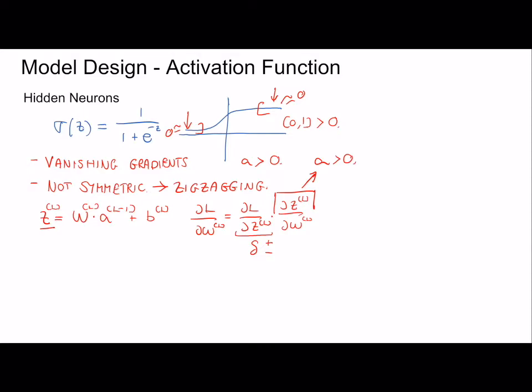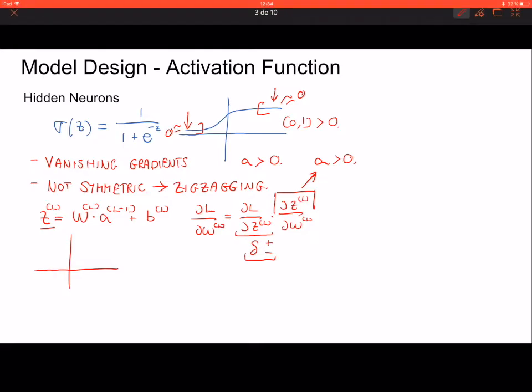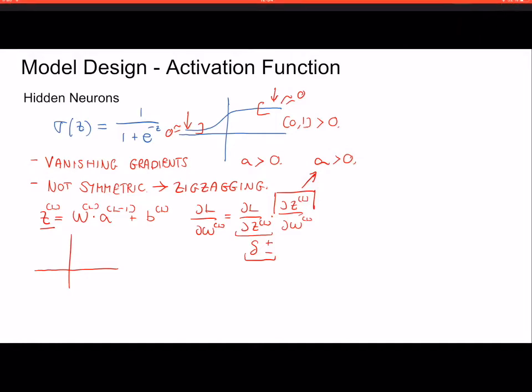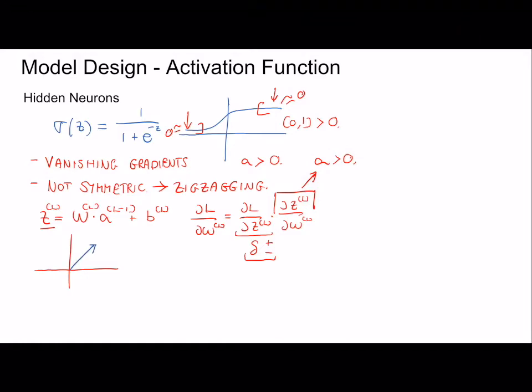What that means is that, depending on whether this value is positive or negative, which is the same for all the gradients of my weights, we will be moving all our gradients in the same direction, either in the positive direction or in the negative one. But we cannot move the gradients in this mixed direction.